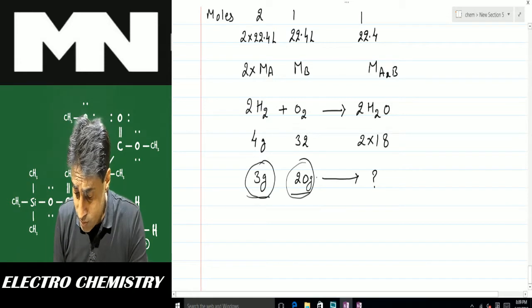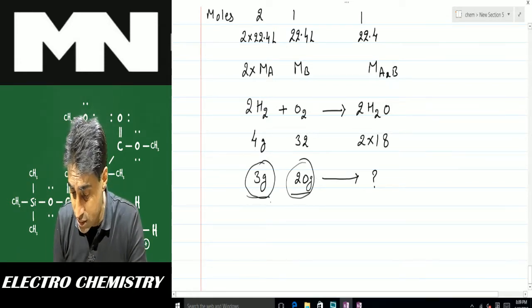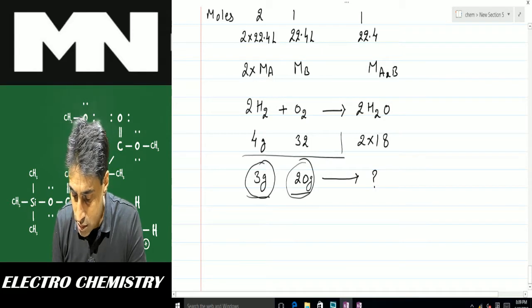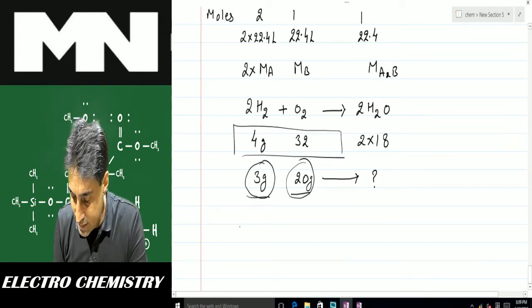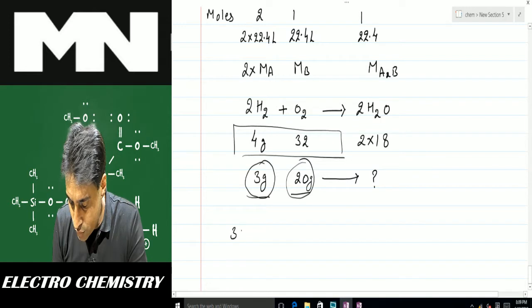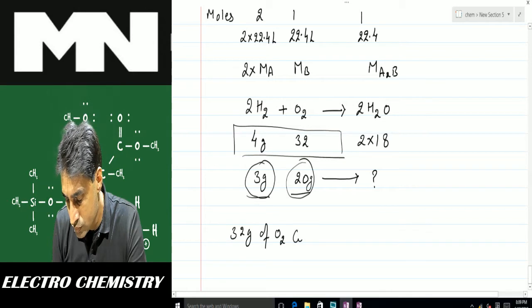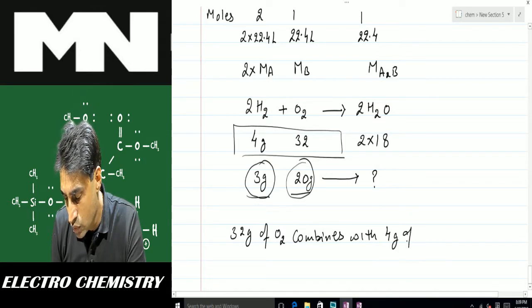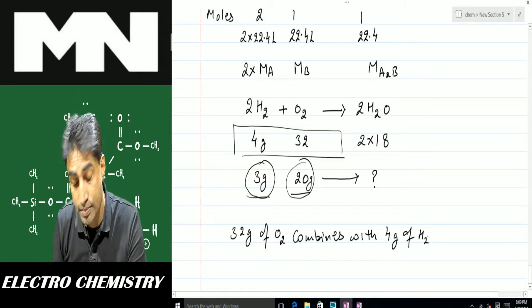What I can do is use the equation, as we have seen. I can write 32 grams of oxygen combines with 4 grams of hydrogen.